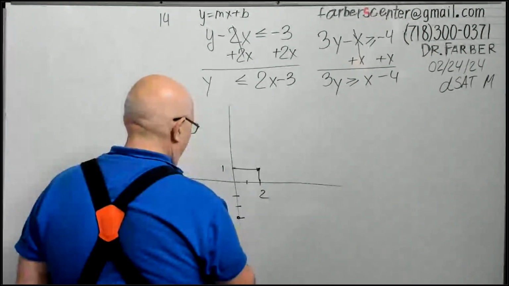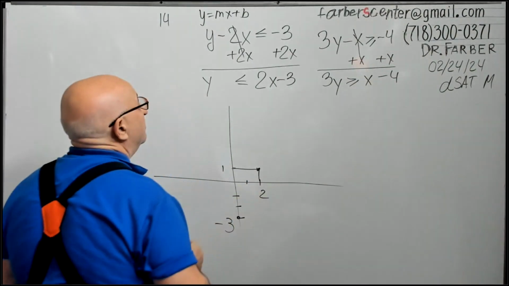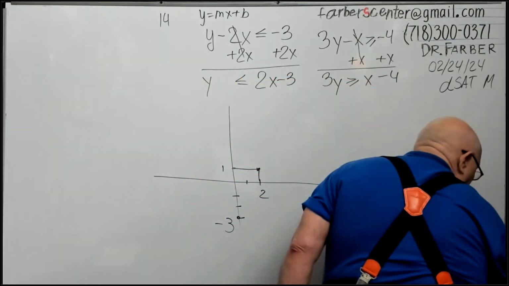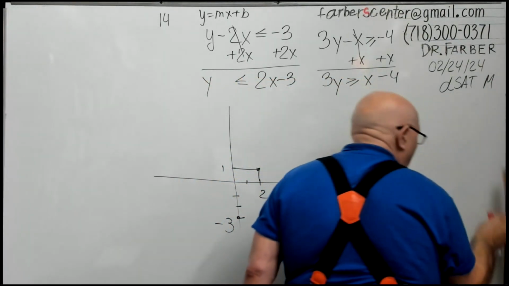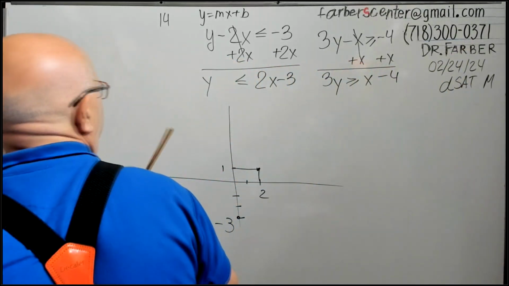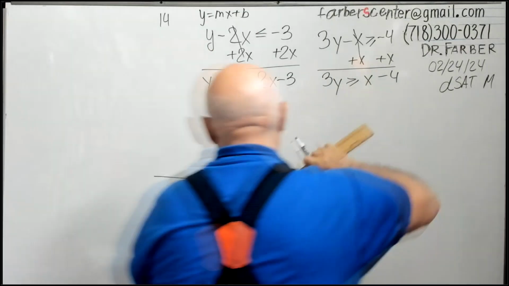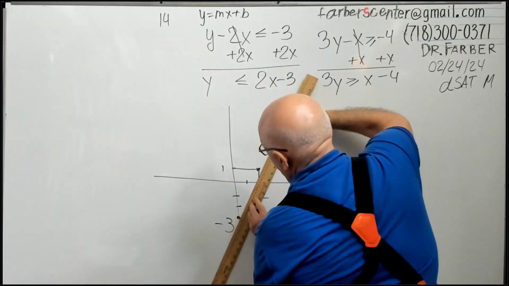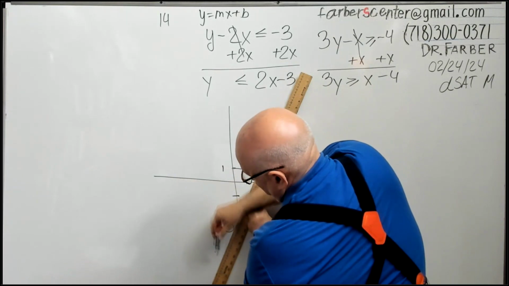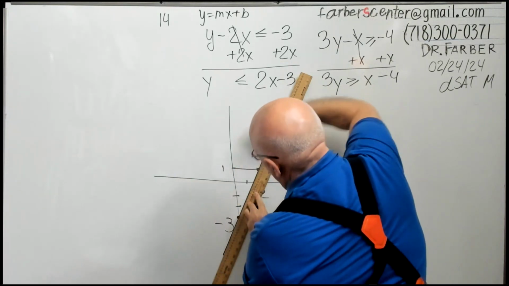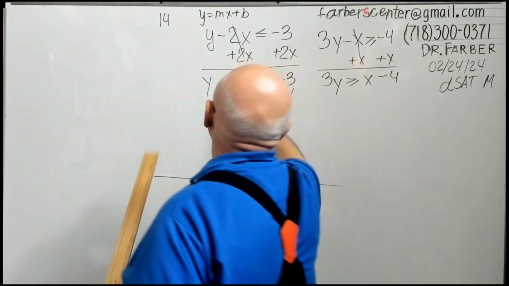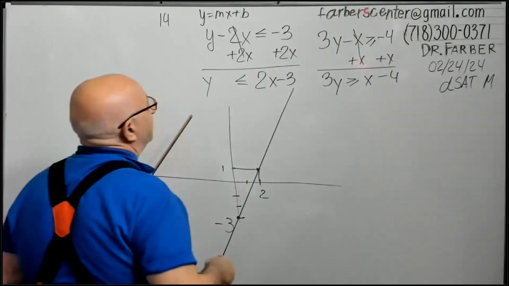Okay. This is one line. I use my ruler and connect these two points. Since it is less than or equal, this is a solid line.